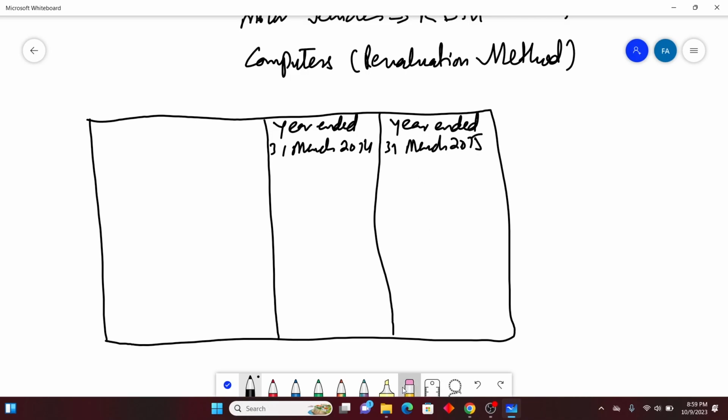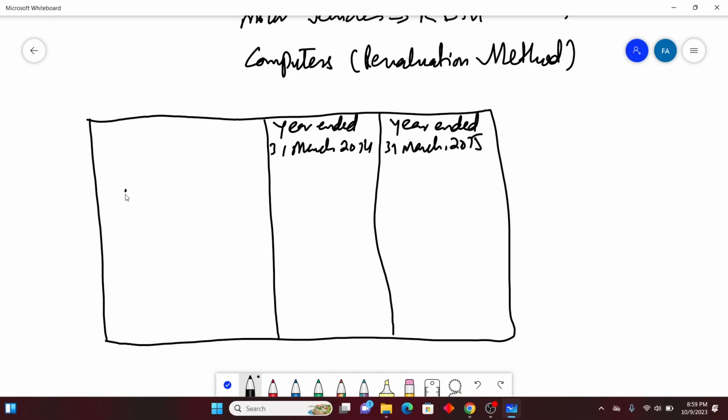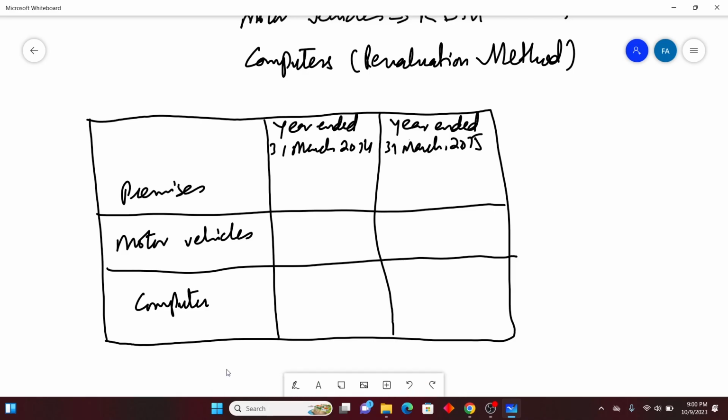I'll just write it down again. On the left hand side, if you see, we have the table which is called premises, motor vehicle, and we have got computer. Okay. So far, I have been successful in making the table in an appropriate manner to some extent. So I hope it's understandable for all of you.